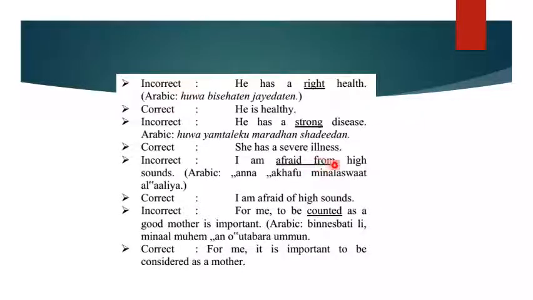The right or the correct preposition that should accompany afraid is afraid of high sounds. أنا أخاف من الأصوات العالية. أخاف من, so من is literally translated to from, and this could be classed under the preposition problems also. Okay, I guess this example should go to the prepositions errors. Okay, because it is a preposition error.